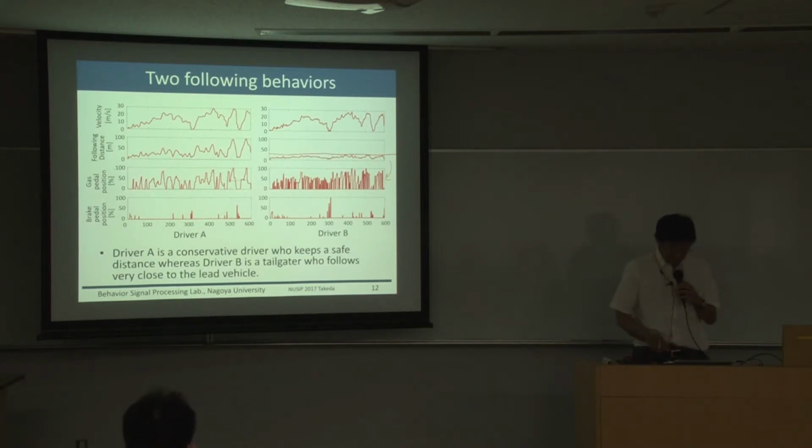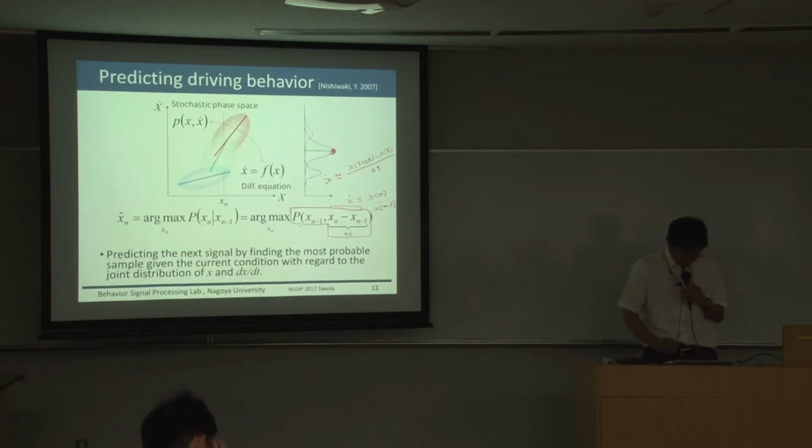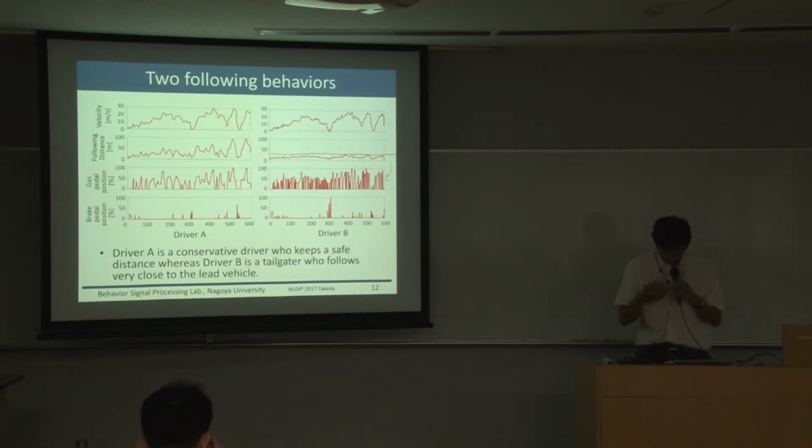And these characteristics can be represented by this data plane. And by using this maximum likelihood estimation for the next sample, it can surely follow the dynamic system with very good precision and accuracy.